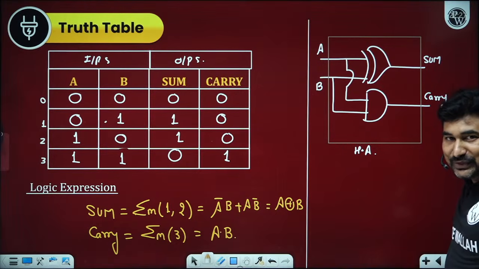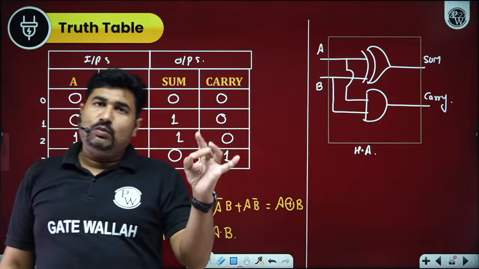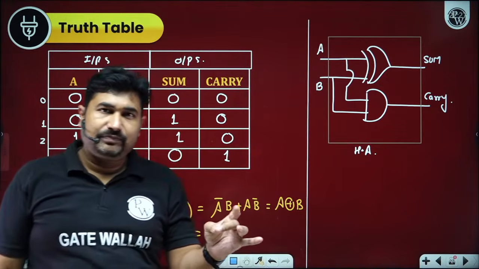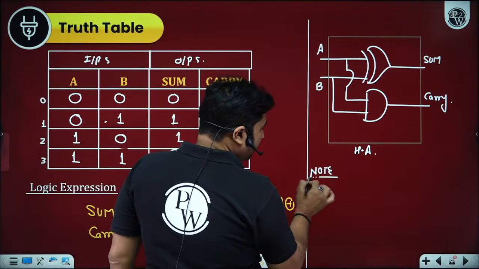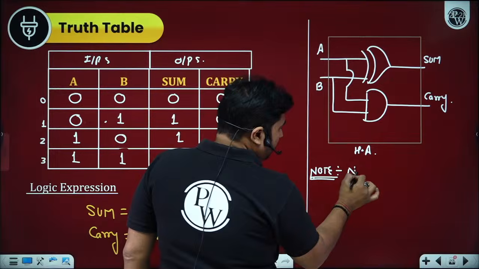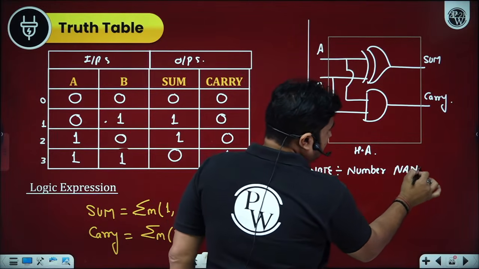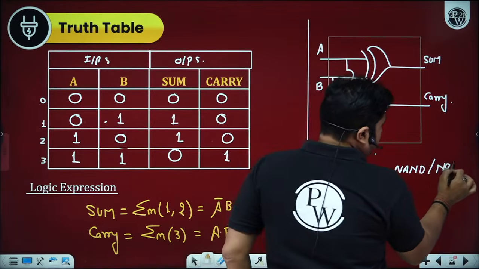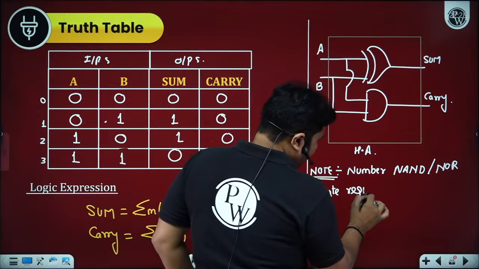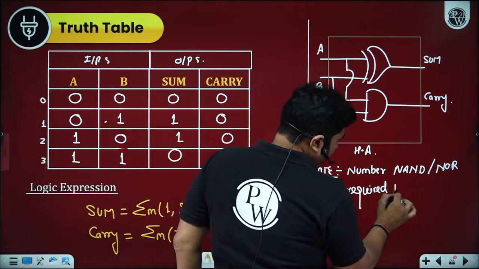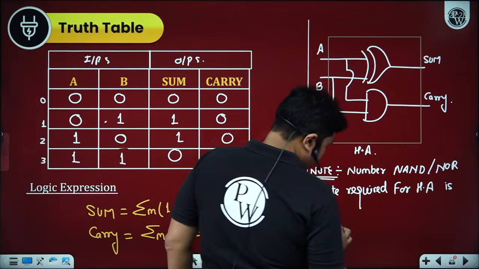Great. So half adder contains one XOR gate and one AND gate. Is it okay? Yes, sir. One very important point to always remember: the number of NAND or NOR gates required for a half adder is equal to 5.